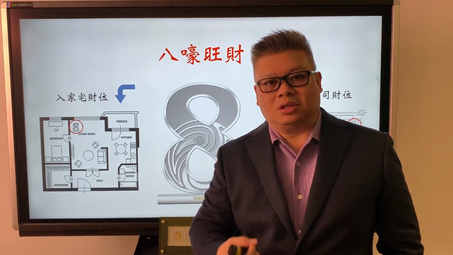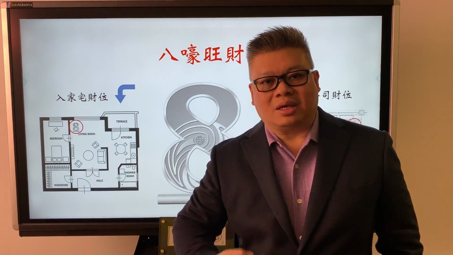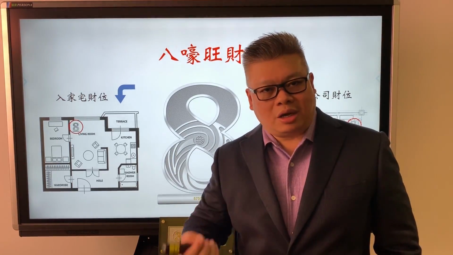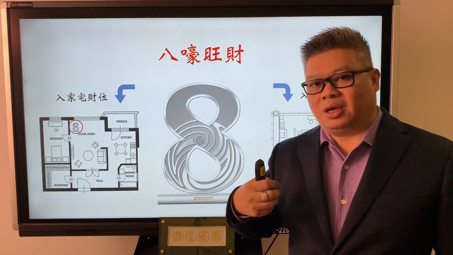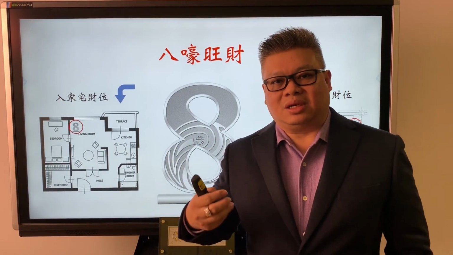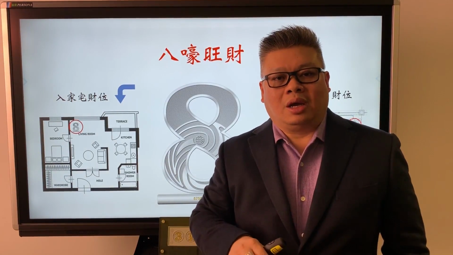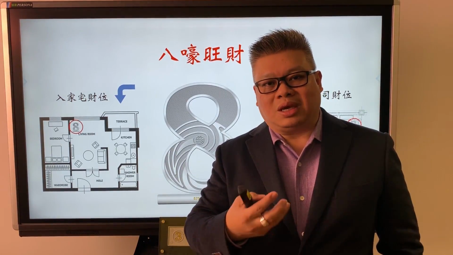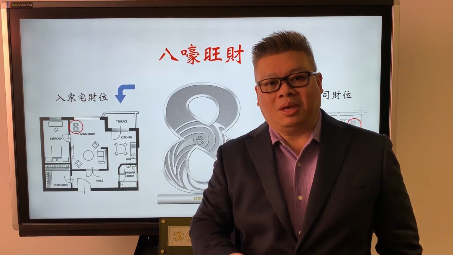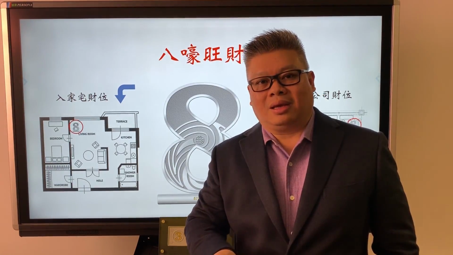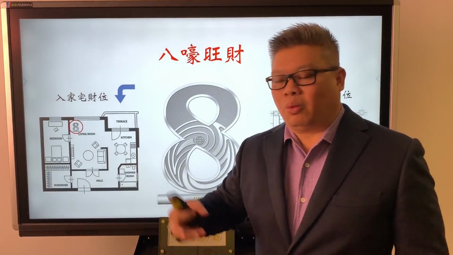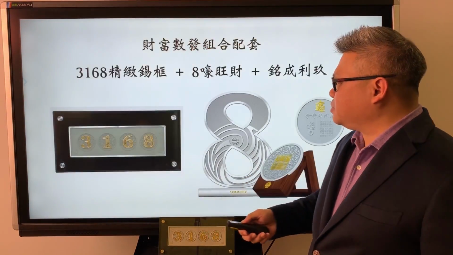So all you need to do is provide us with all the details, like your date of birth, time of birth, and the position of your house plan, in terms of the house facing. What is it facing? North, south, east, west, or northeast, or whatever direction, so that we can help you determine the positioning of the 8 and also the nameplate, and where to place it.